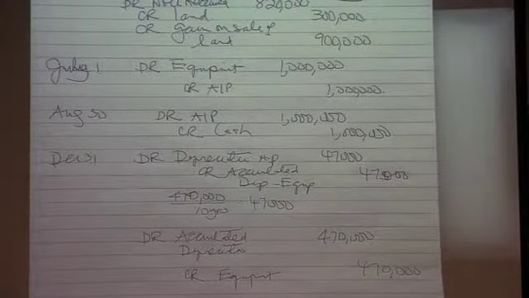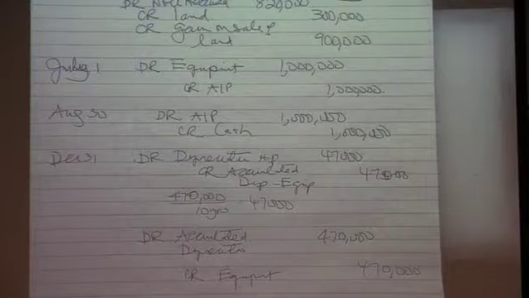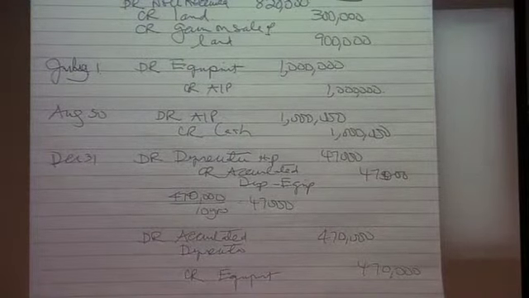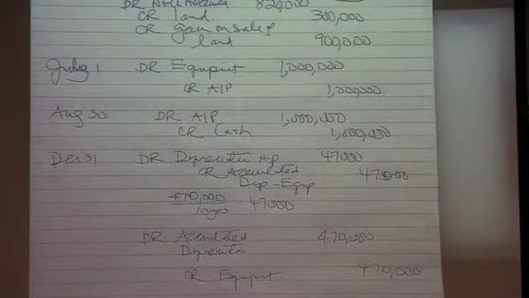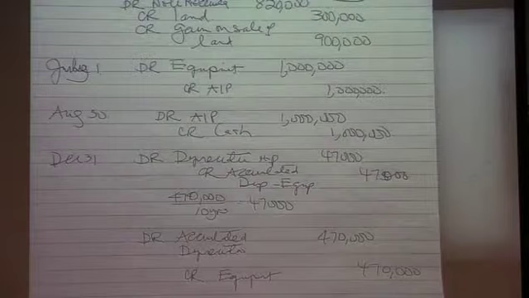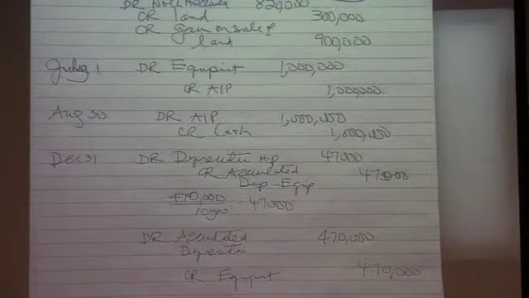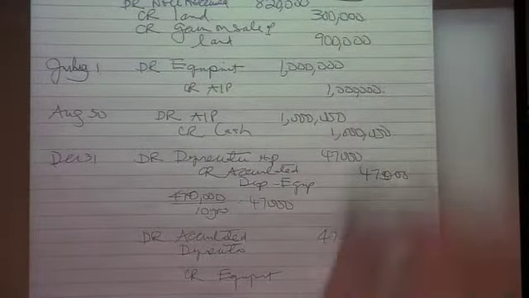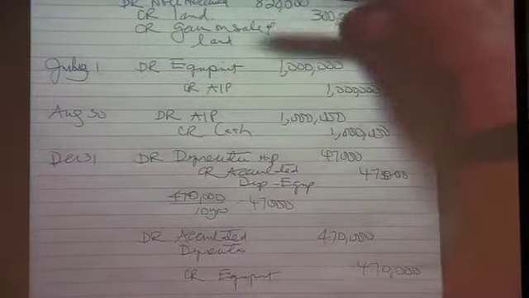Now, if this equipment has been fully depreciated and they were not retired, in other words, we're still using it, then it would just stay on the books as the equipment $470,000, and you would have an accumulated depreciation of $470 with net book value of 0. Now, the part B says, what are the journal entries for December 31st?